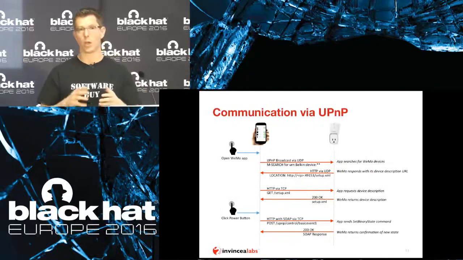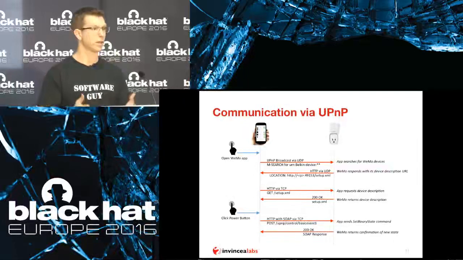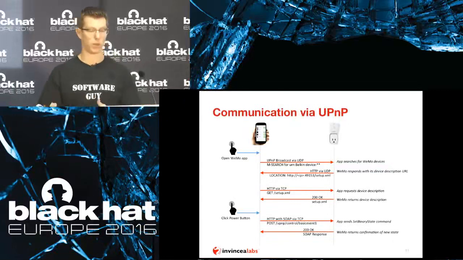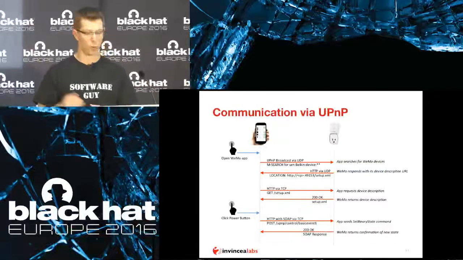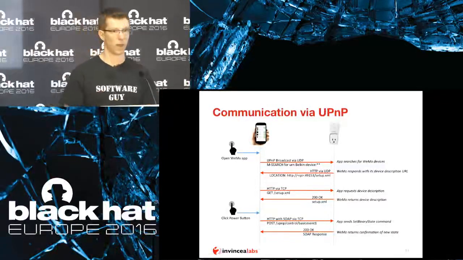Here's what happens. You open up the app, which sends out a broadcast UPnP message, which is essentially just an HTTP message over UDP to a broadcast address. It says, hey, where are all the Wemo devices? Wemo devices respond with a unicast UDP message, essentially another HTTP message, and it says, here's the location of my device description file.